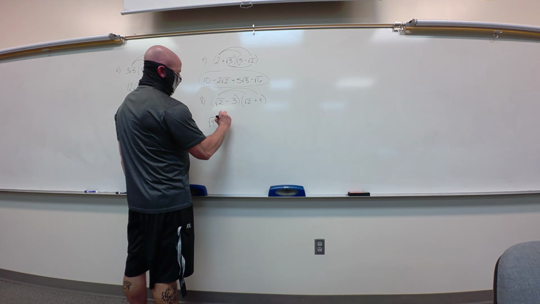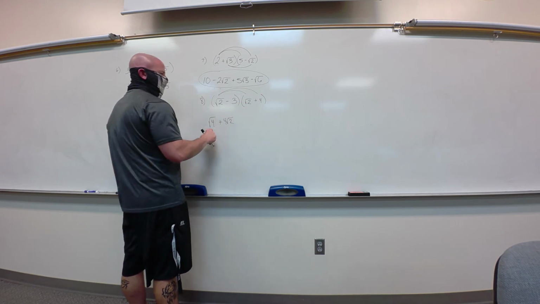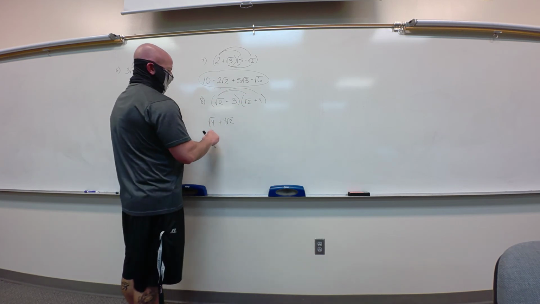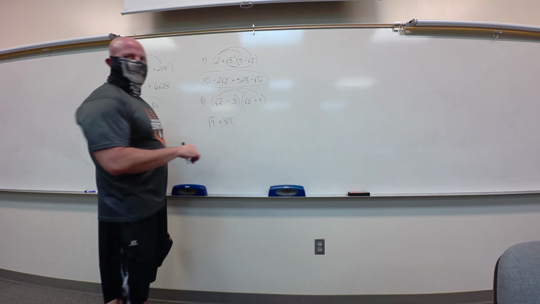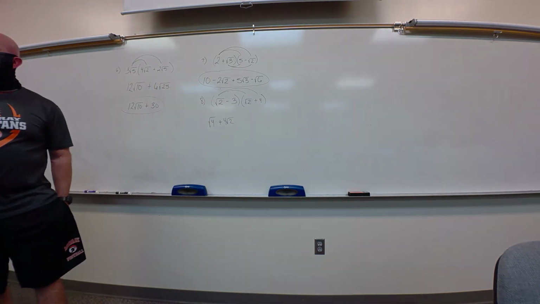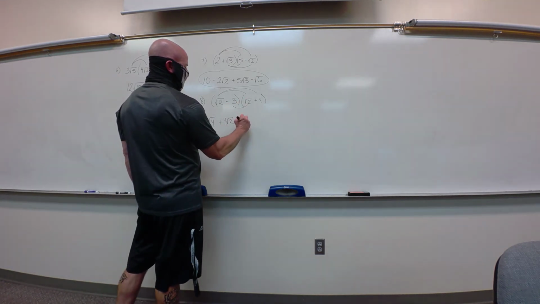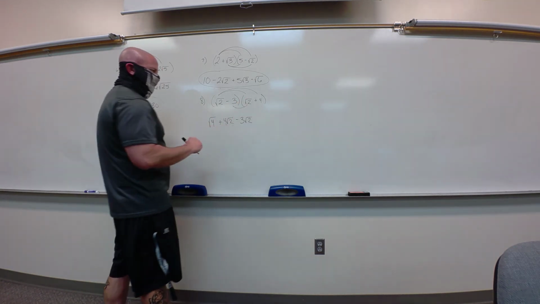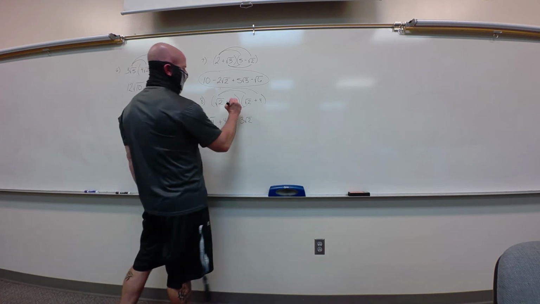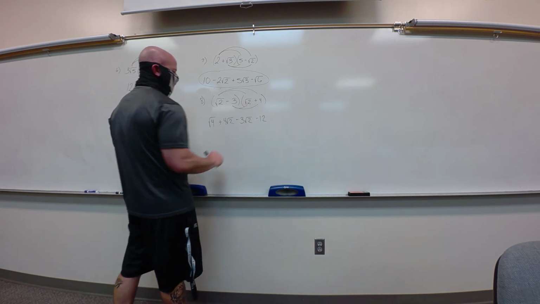Root 2 times 4 is 4 root 2. And I know root 4 is 2, but sometimes to have that intermediate step in your notes does help. Come back. Negative 3 times root 2 is negative 3 root 2. And negative 3 times 4 is negative 12.